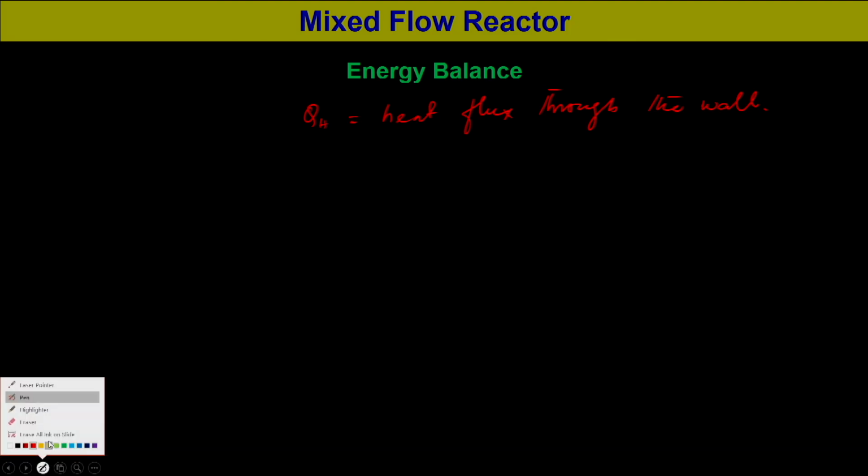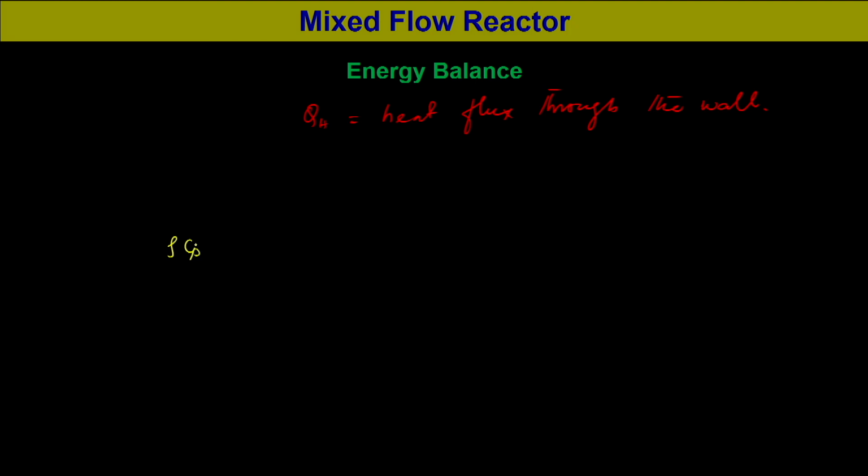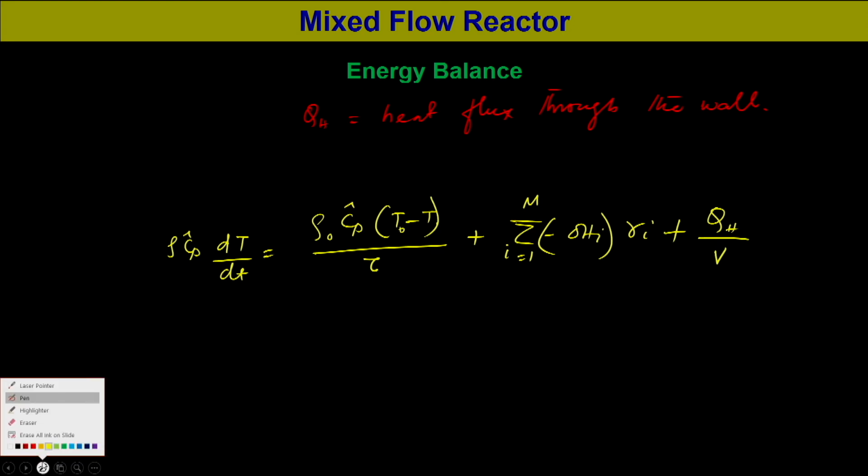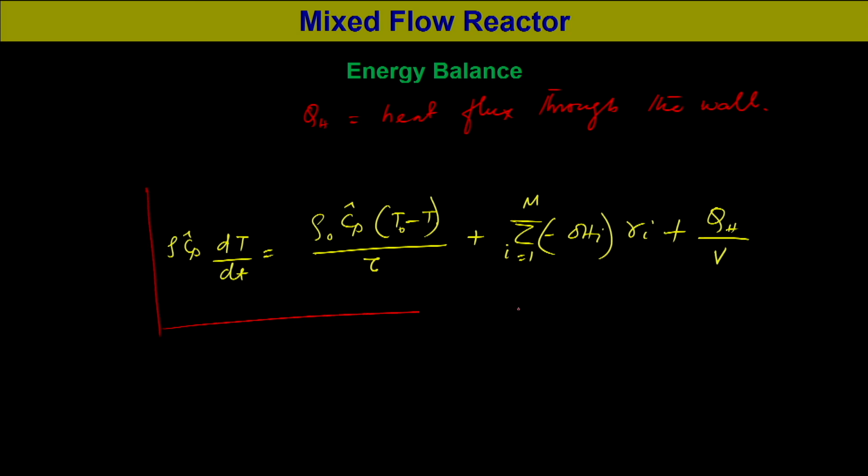In that case, this should be added into the energy balance equation, and we would obtain ρĈp dT/dt equal to ρ₀Ĉp (T₀ minus T) divided by tau plus summation over i equal to 1 to m of (minus ΔH_i) r_i, and then for the heat flux it should be Q_H by V. So, this is for non-adiabatic systems where there is a heat flux through the wall.